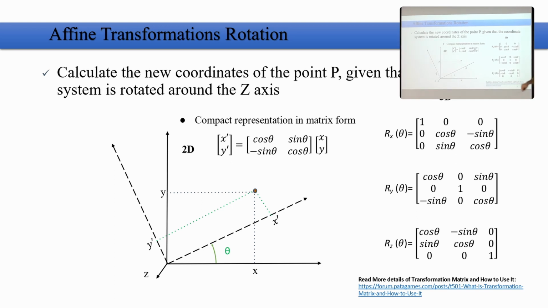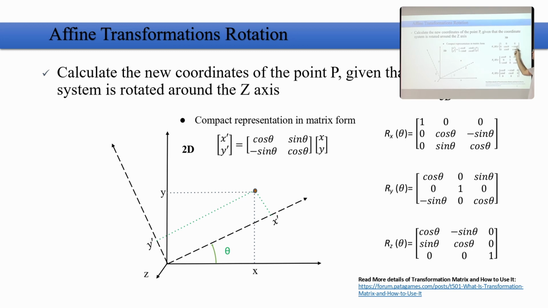So here you can see that if we want to rotate the point around the x-axis by an amount of theta, we need to multiply x, y, z by this matrix. This matrix has a proof, of course, but I'm not going to do it here.